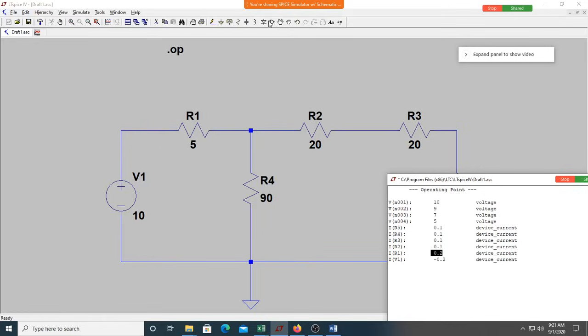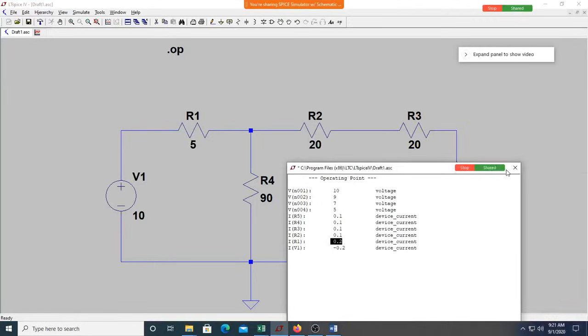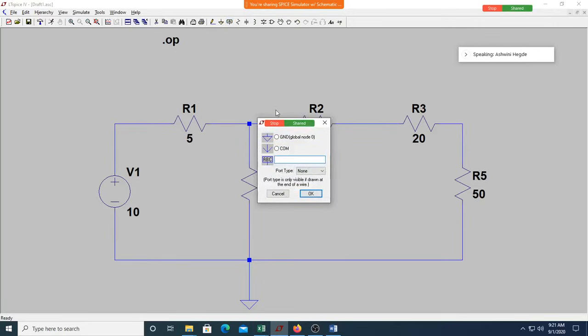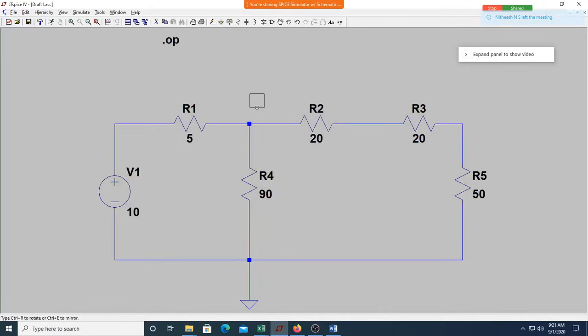I can't name it node as that is a keyword, so I'll make it N1. Okay, it takes it as N1. I will connect this to this.